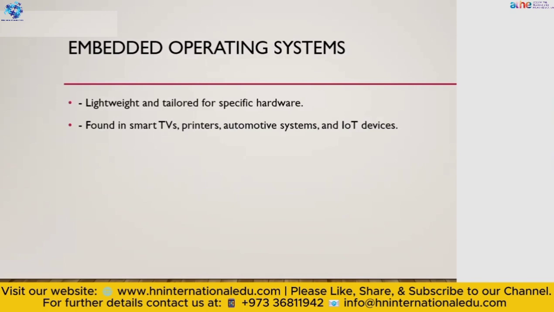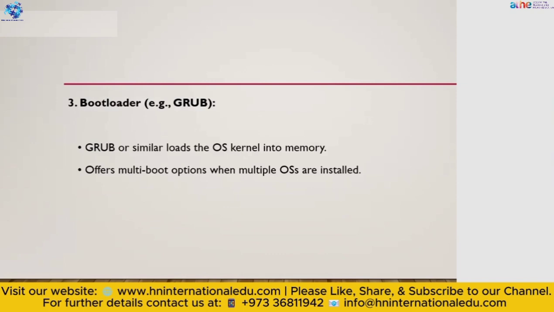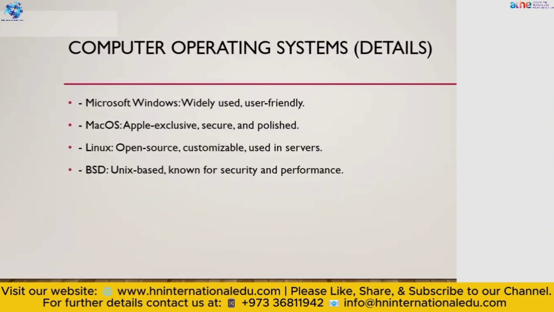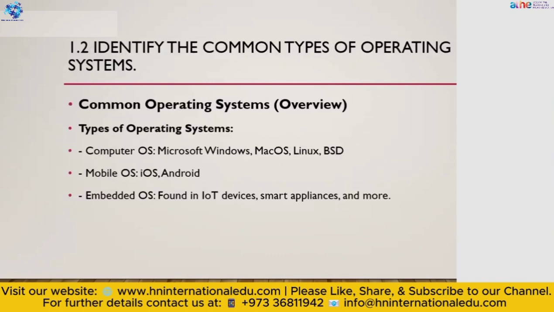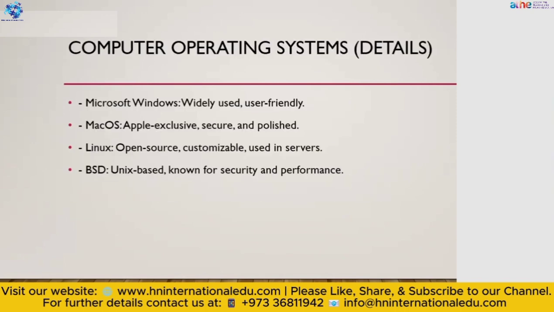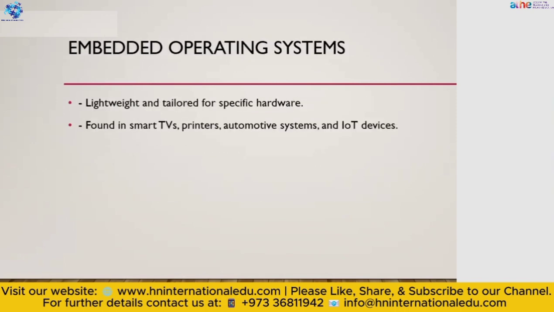There is another operating system, the embedded operating system. There are three kinds of operating systems. First of all, we have computer operating systems, then mobile operating systems, and then the third type, embedded operating systems. Basically, embedded operating systems are built-in operating systems in every device.